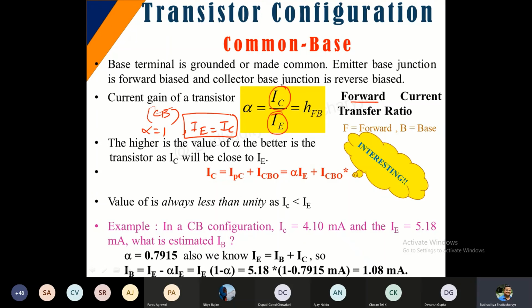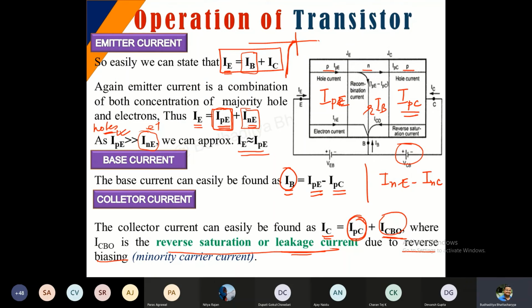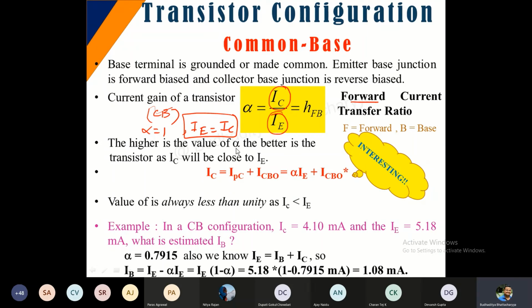We'll see more. If I substitute here, you can see this equation we have already discussed: IC is equal to IPC plus ICBO. See here, the last equation. If you substitute this IPC, IPC can be expressed in terms of alpha because IC is alpha into IE.